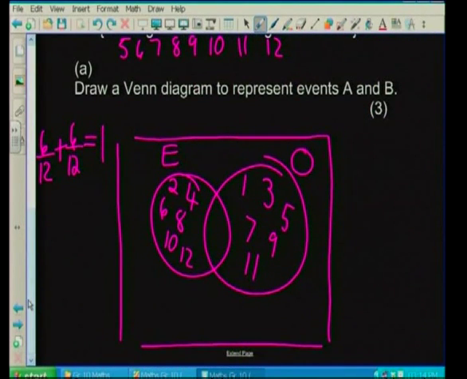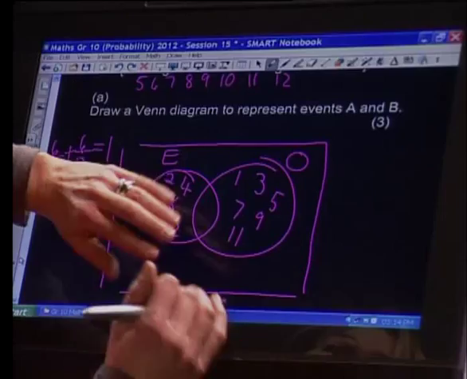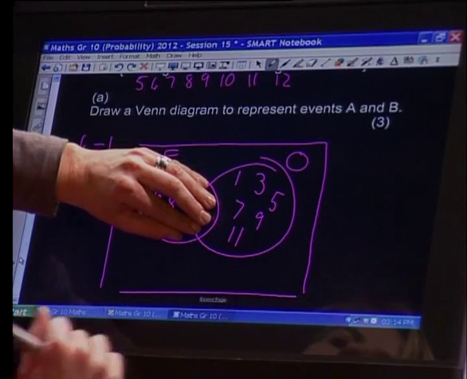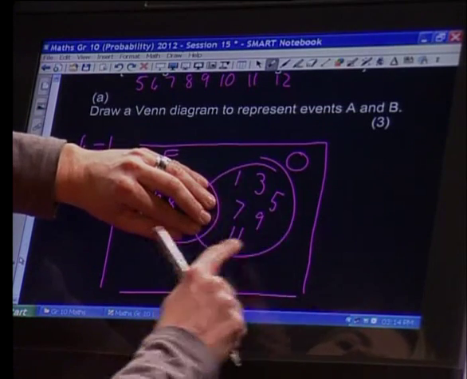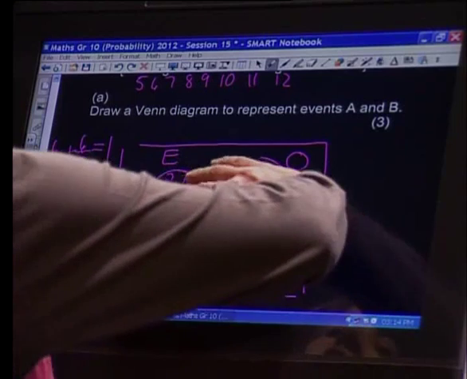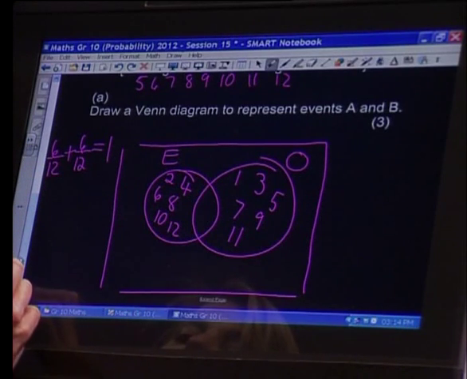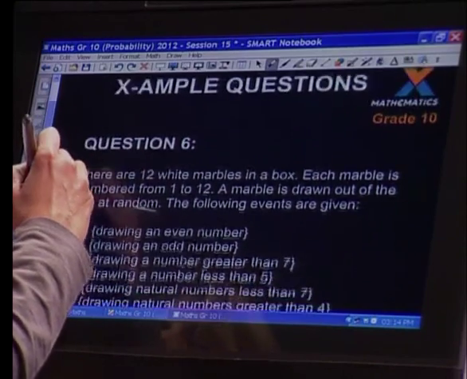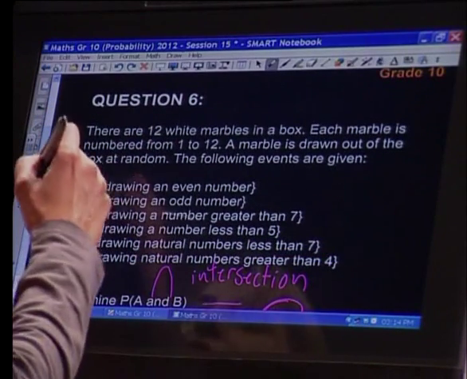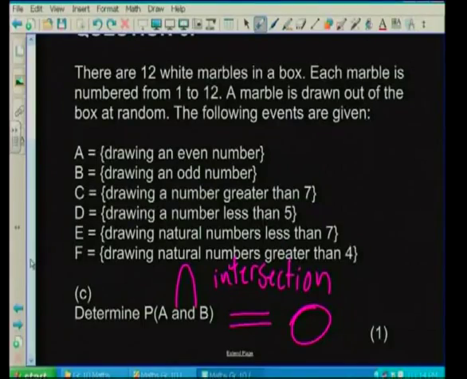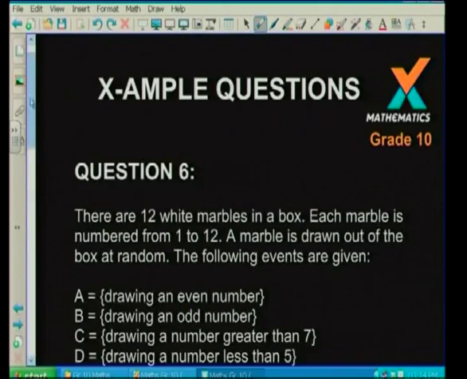If I close up my even numbers, the only thing that I get is my odd numbers. If I close up my odd numbers, the only thing that I get is my even numbers. So the reason that I'm going to use is I'm going to say they are mutually exclusive and exhaustive, so therefore they are complementary.